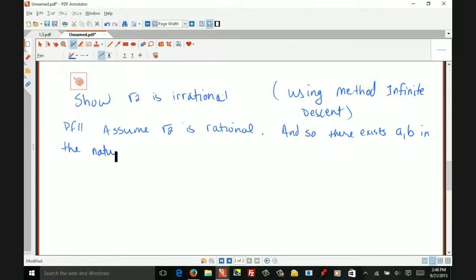And then what are the natural numbers, guys? 1, 2, 3, counting integers, positive counting integers. Such that you're going to have square root of 2 is equal to A over B. Notice in this one, I'm not going to make any restrictions about the relationship between A and B. We don't have to divide out any common divisors. We're just writing square root of 2 is equal to A over B.